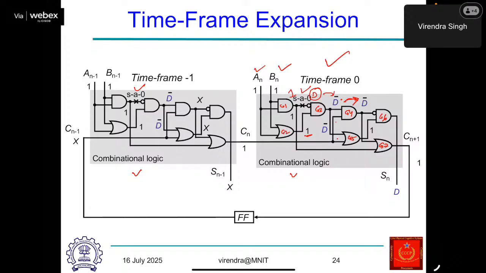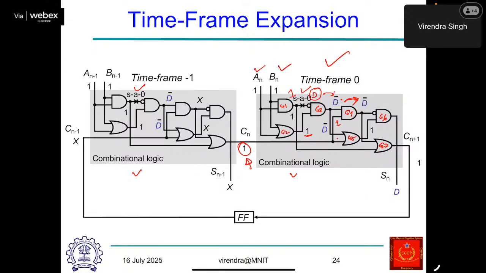The non-controlling input of an AND gate is 1. Hence, I want 1 from here, and 1 from here is coming from the flip-flop, so that means it is coming from the previous copy of the circuit. So I demand 1 from this one. Now if this is 1, in that case this will come out as D bar.